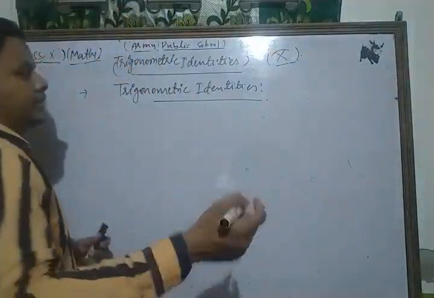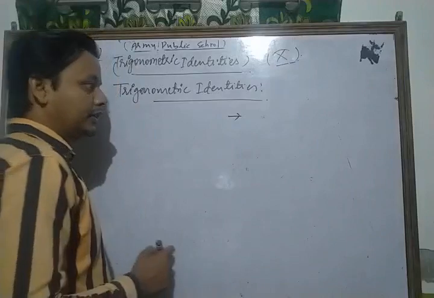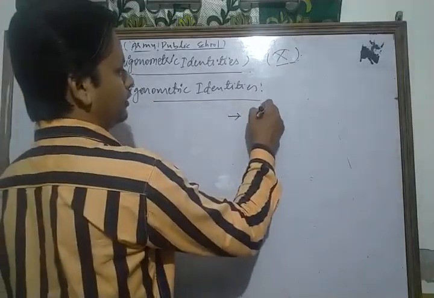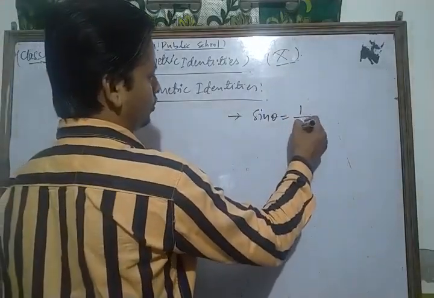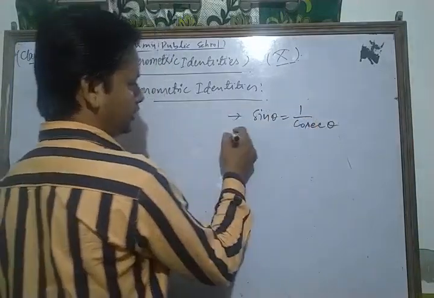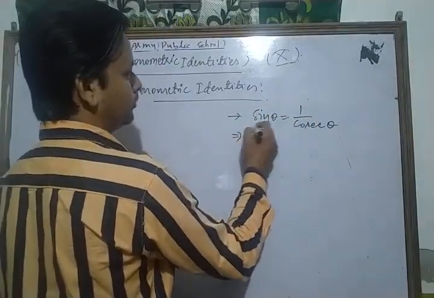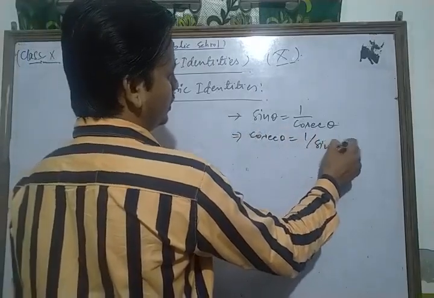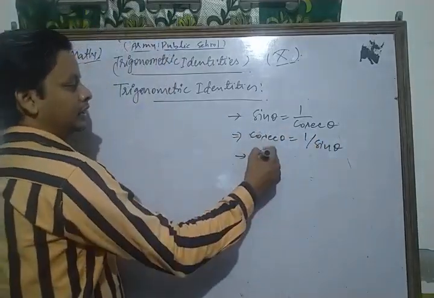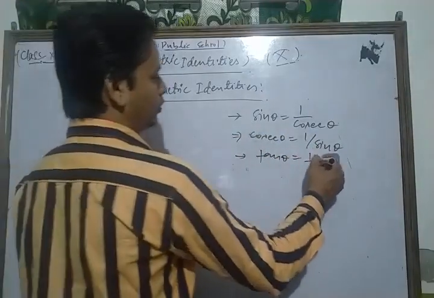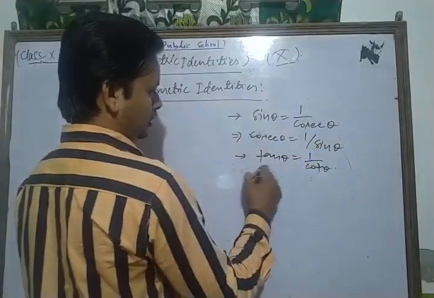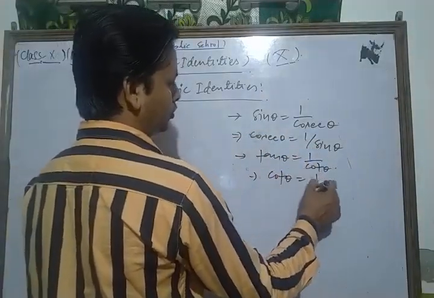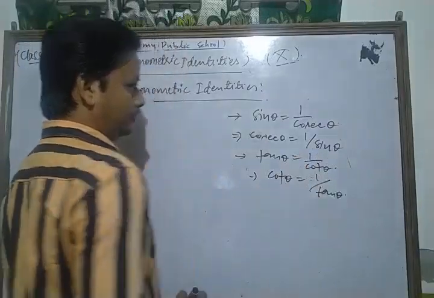In the previous class we discussed some important relationships between trigonometric ratios. Sin theta is equal to 1 upon cosec theta. Cosec theta is equal to what? 1 upon sin theta. Second one, tan theta is equal to 1 upon cot theta, so cot theta is equal to 1 upon tan theta.